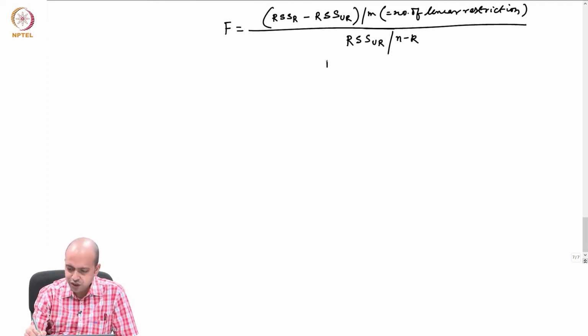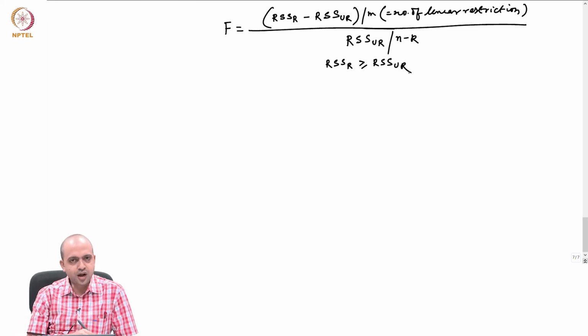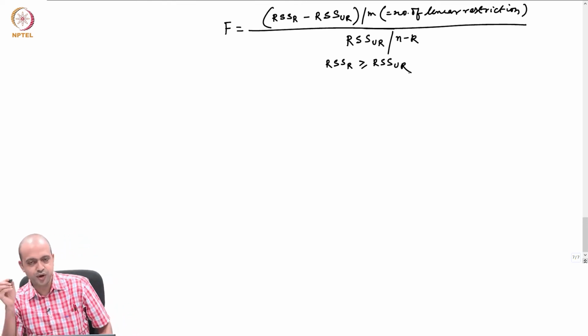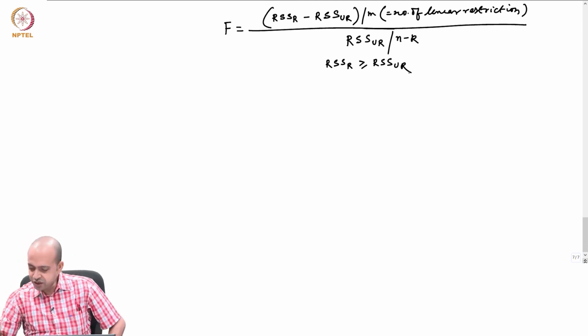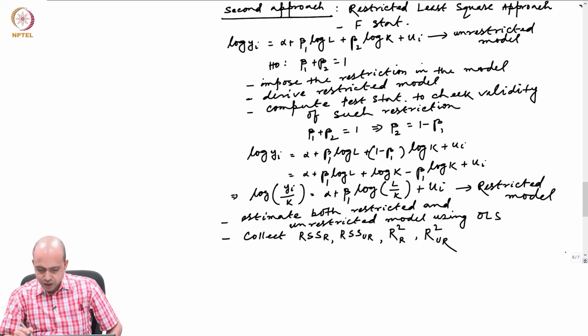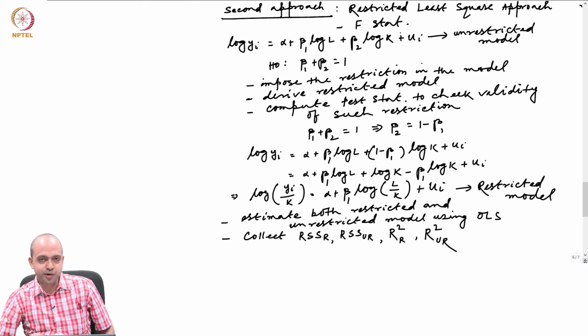You have to keep one thing in mind, that this is the relationship between RSS R and RSS UR. The restricted RSS, that means RSS from the restricted model, is always greater than or equals to RSS unrestricted. Why is this so? When you are imposing restriction, in the restricted model you have only one explanatory variable, that is L by K. However, in the unrestricted model you have two explanatory variables.